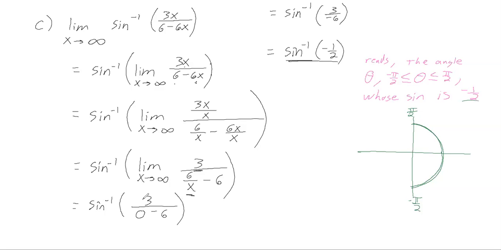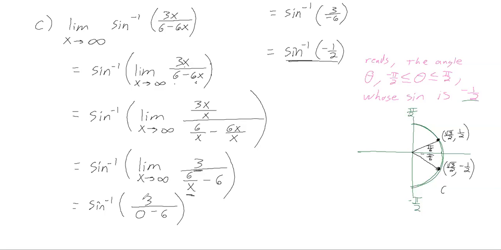How about pi over 6? How about the point square root of 3 over 2 comma 1/2? How about this reference angle of pi over 6 right here? Or actually, let's call that negative pi over 6. Where I'm at, square root of 3 over 2 comma negative 1/2, right?